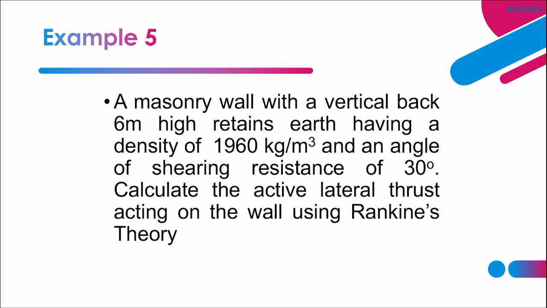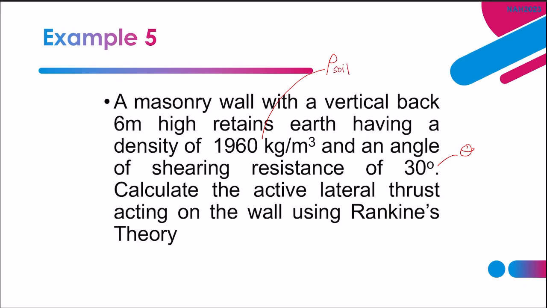A masonry wall with a vertical back 6 meter high retains earth having a density of 1960 kg per meter cube, an angle of shearing resistance of 30 degrees, meaning this is theta, and this is the density of the soil.